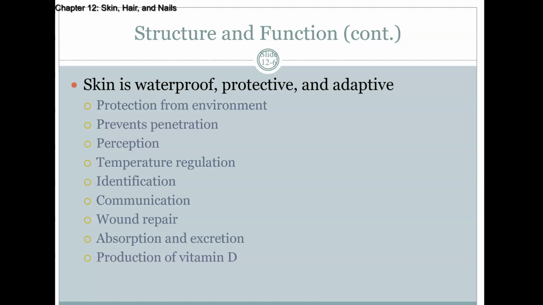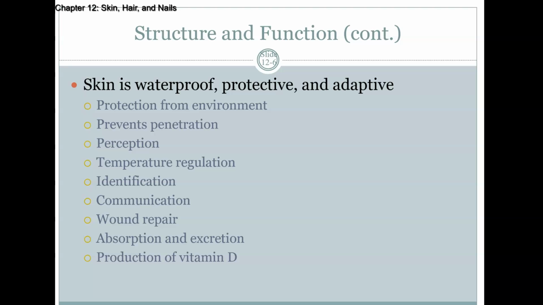So it minimizes injury from physical or chemical or thermal or light waves. Then it prevents penetration. Skin is basically like a barrier that stops invasion of microorganisms and loss of fluid and electrolytes.